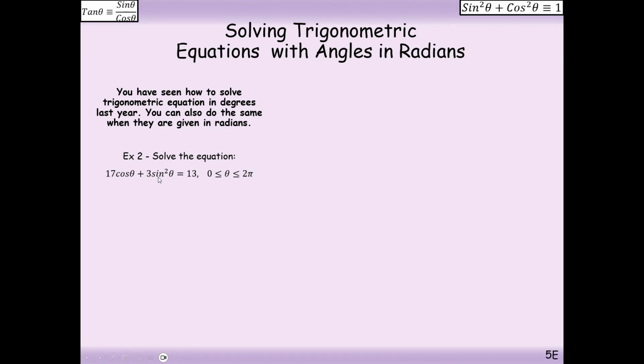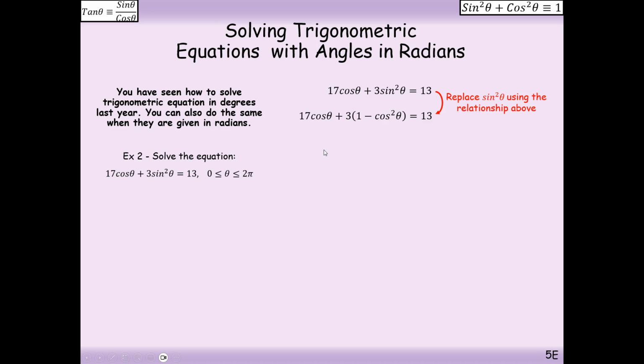The only problem is that we can solve equations when they are either both in sine or both in cos. So we need to turn this sine square into cos somehow. We look at the identity in the top right corner there. If you remember, sine squared is simply 1 minus cos squared, so we can replace that.